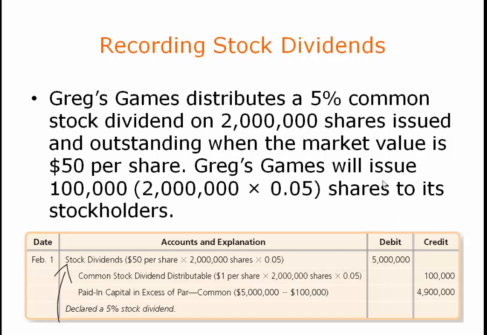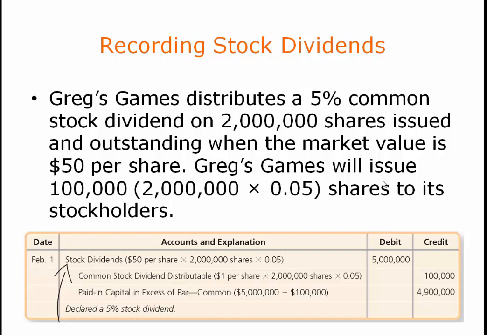So for our example here, they recorded stock dividends, and it's 5% of shares outstanding. So they had 2 million shares outstanding, so it's 100,000 shares. So it's a small stock dividend. And what we do is we're using something called the equity method, which they don't talk about in your book, versus the cost method.